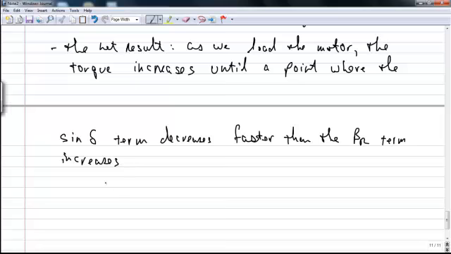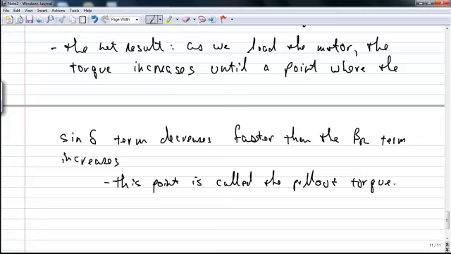Now, this point where we reach the top of the torque curve is called the pull-out torque. When we reach the pull-out torque, any further increase in load will cause the motor to stop.